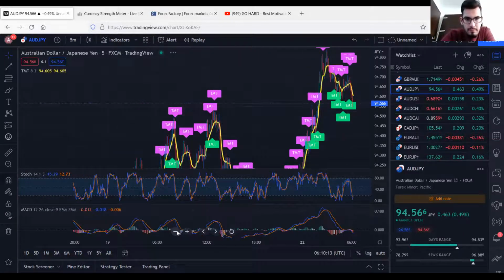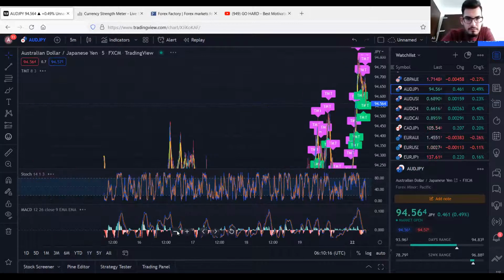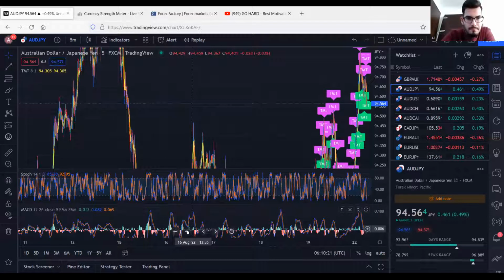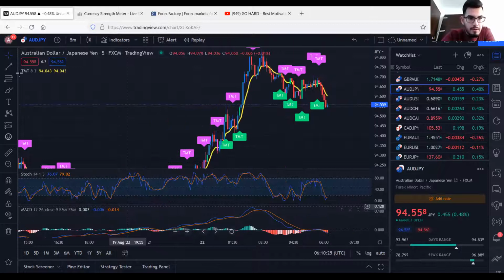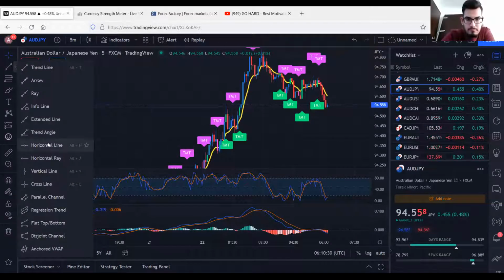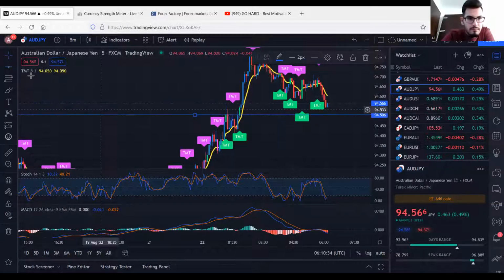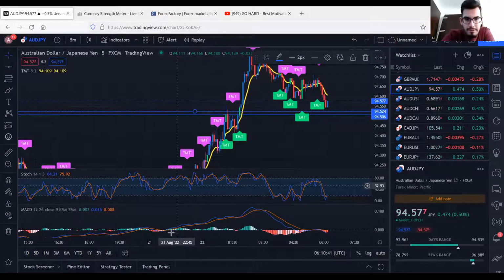Let me just look further back in the market. Okay, yep. We saw a couple of roofs there, so we can stick with this area. This area right here would be my support resistance.